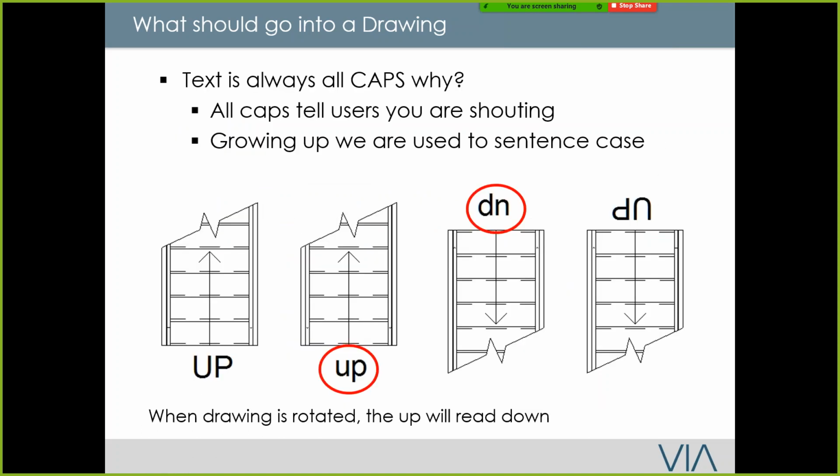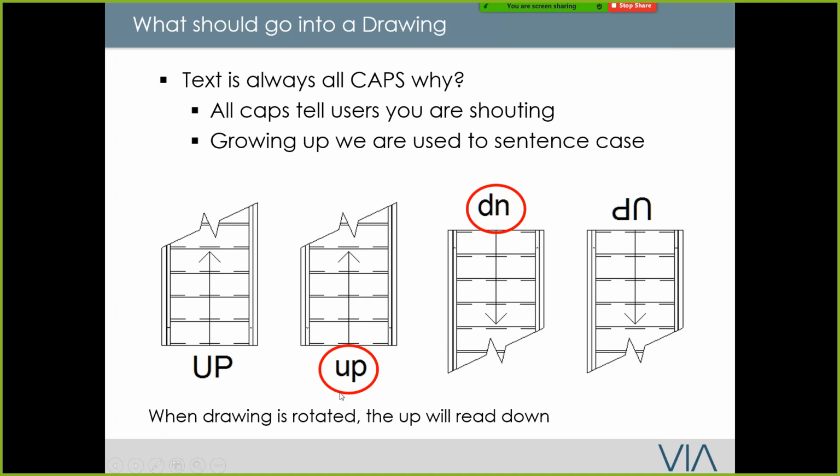Now, why is text always in caps? The reason is that if you are doing up and down, and you reverse it, you notice that the up becomes a down. This is why we always force everybody to use capital letters, so you don't get into this mistake. Sometimes a contractor will think this is down when it is up.